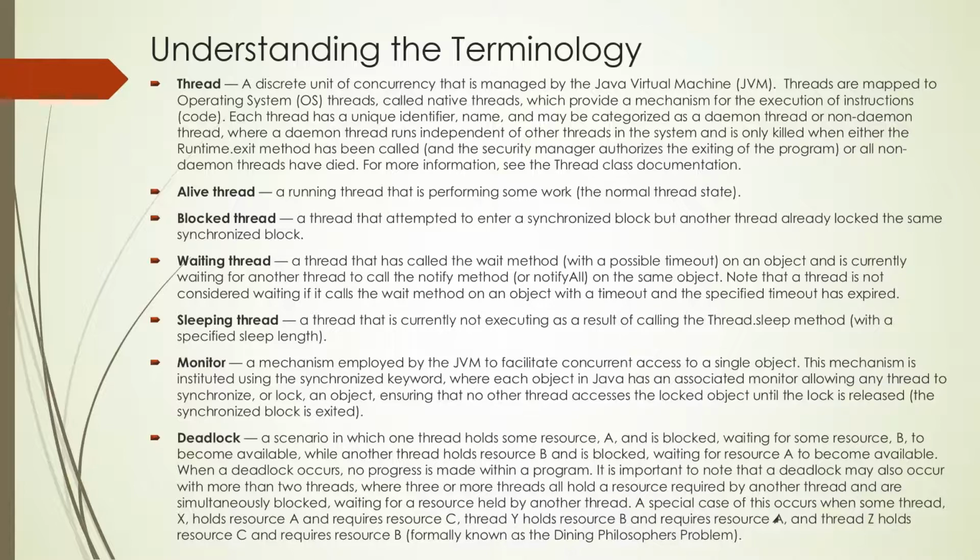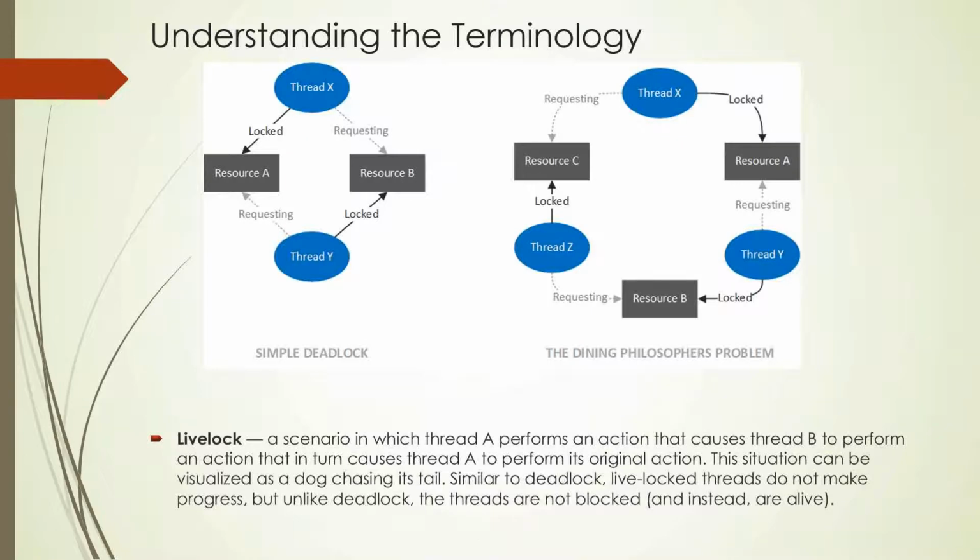Okay, in the case of deadlock, there is another phenomenon we might know of, right? The dining philosophers problem. There is more than one thread involved. I think I have this image over there, right? You can see at the right side there are three threads: X, Y, and Z. They are all interdependent on each other.